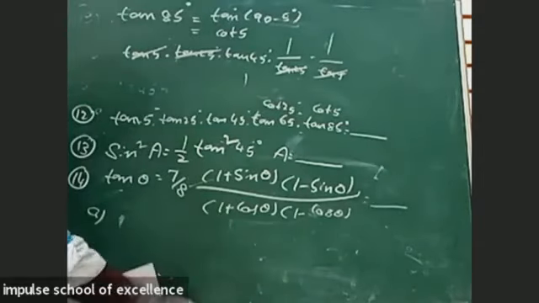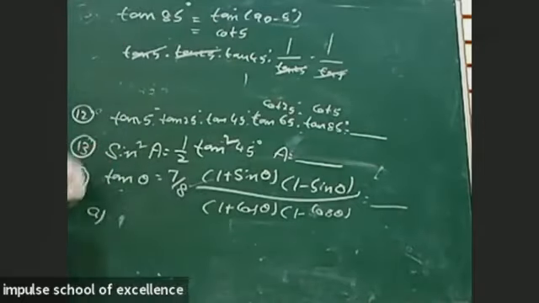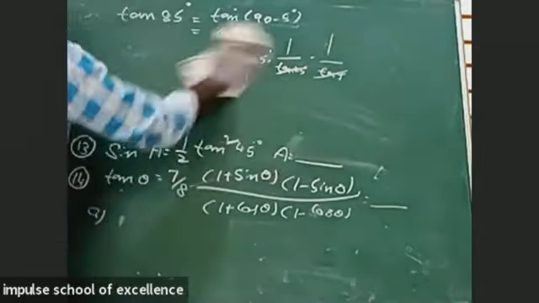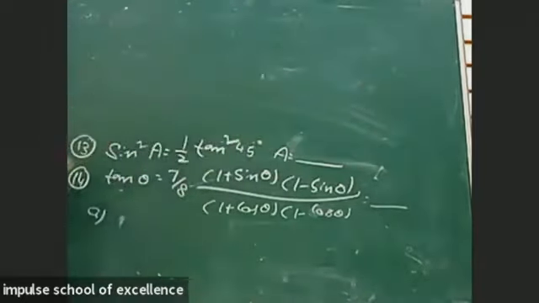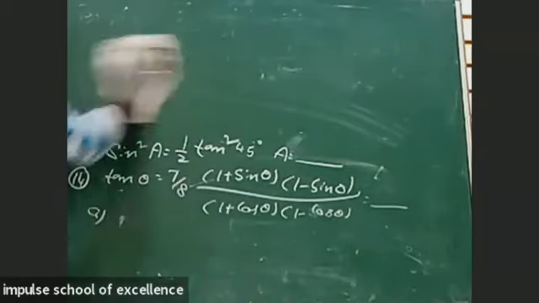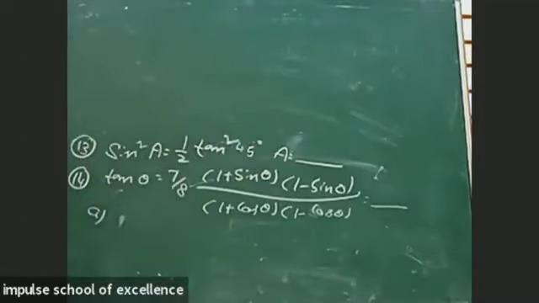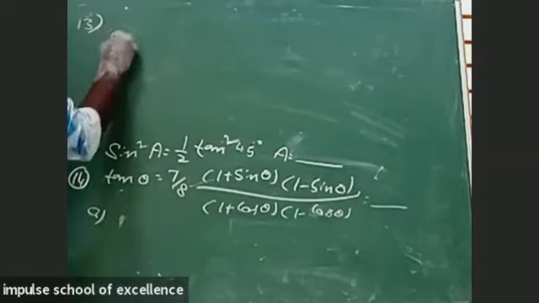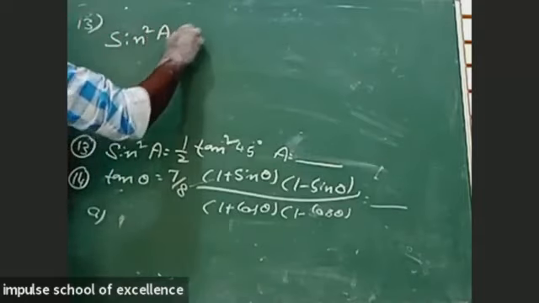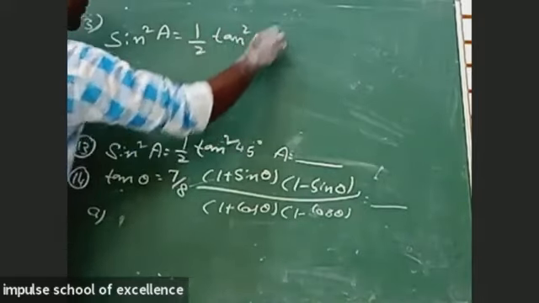Next, let us see the 13th one. Sin square A is equal to 1 by 2 tan square 45 degrees.